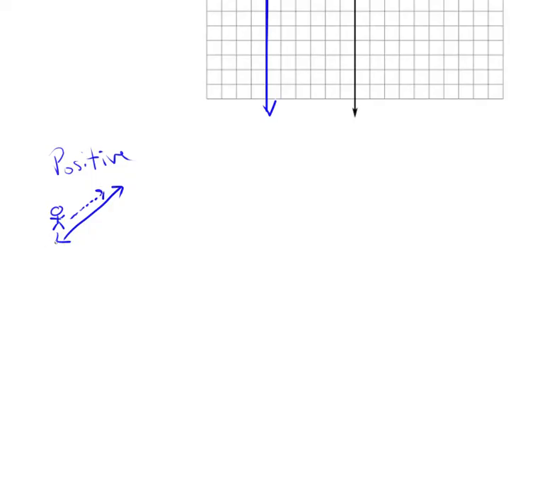He always starts to the left, least to greatest, so the smallest numbers, and he has to walk up. If he's on a downward slope, he's going to be going down in a negative. So this slope is a negative slope.